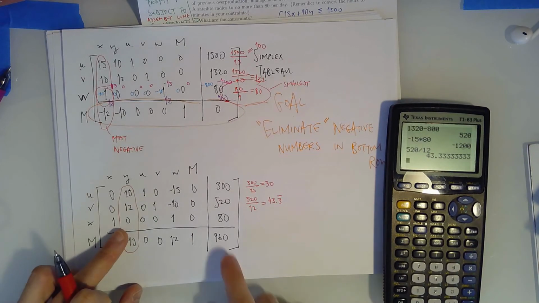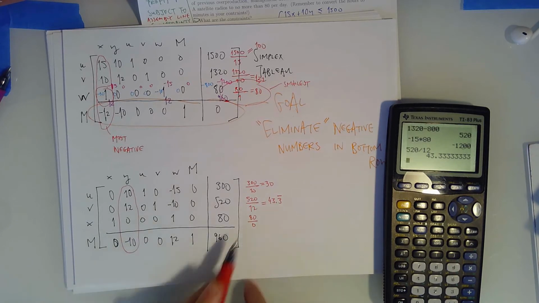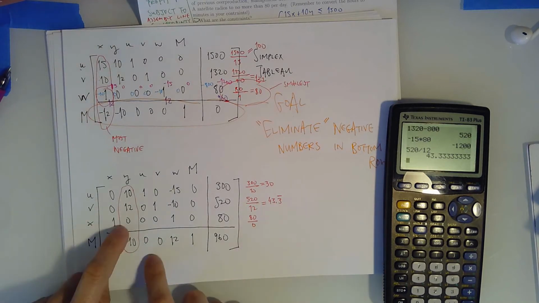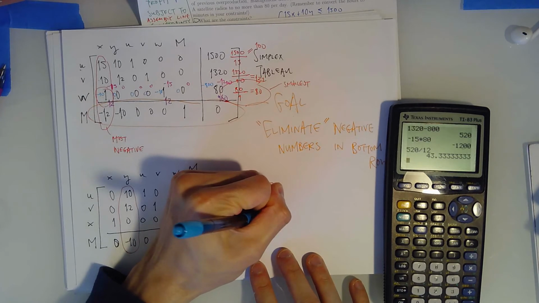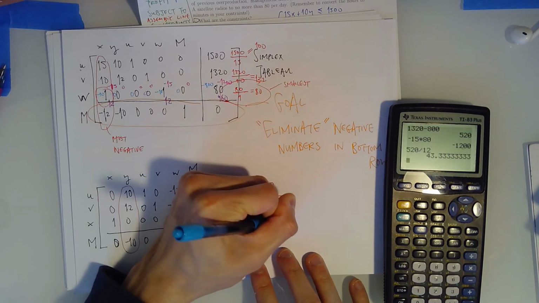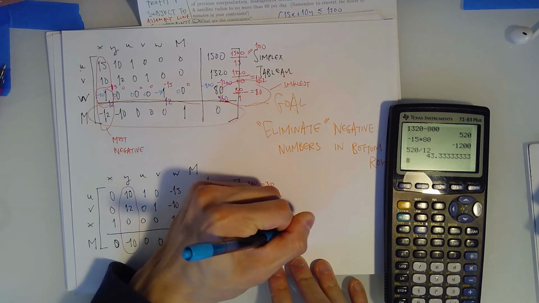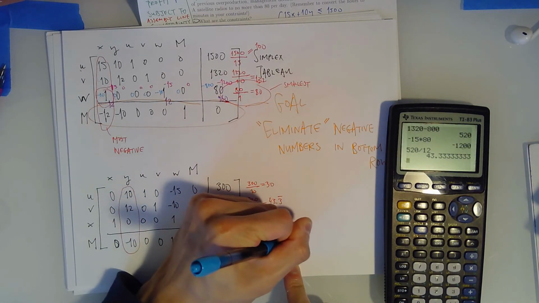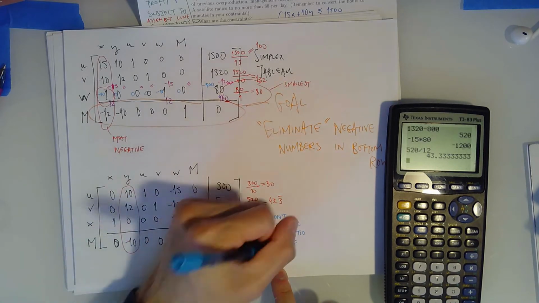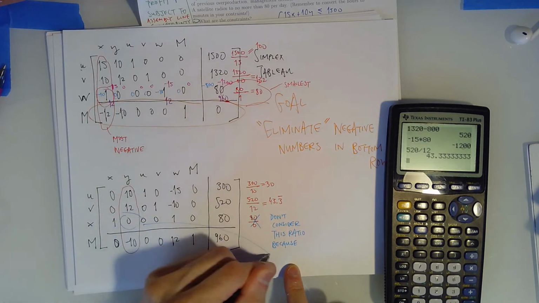And then we have 80 divided by 0. So this we're not going to consider because, well, one, you can't divide by 0, so that just doesn't make sense. But then two, this wasn't positive to begin with, so we don't consider this ratio because 0 is not positive.